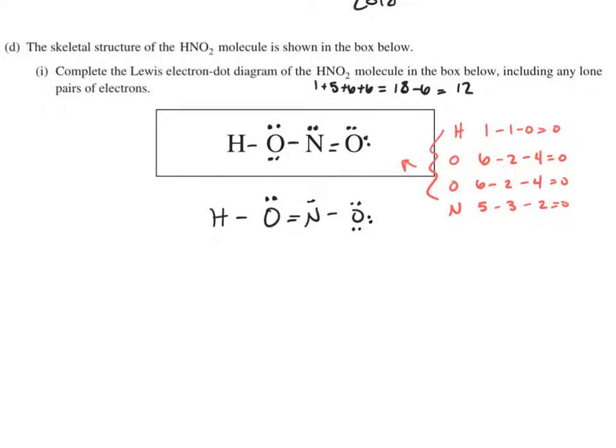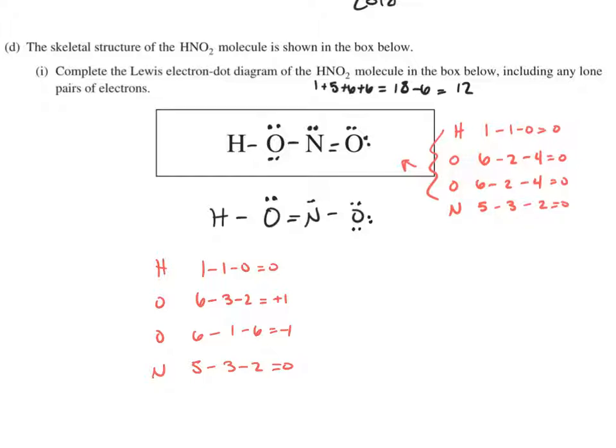Hydrogen, once again, has 1 minus 1 bond minus 0 dots for 0. So the inside oxygen now has 6 valence minus 3 bonds minus 2 dots, or a +1 formal charge. Not ideal. The other oxygen has 6 valence minus 1 bond minus 6 dots, or a -1 formal charge, and the nitrogen remains 5 valence minus 3 bonds minus 2 dots.